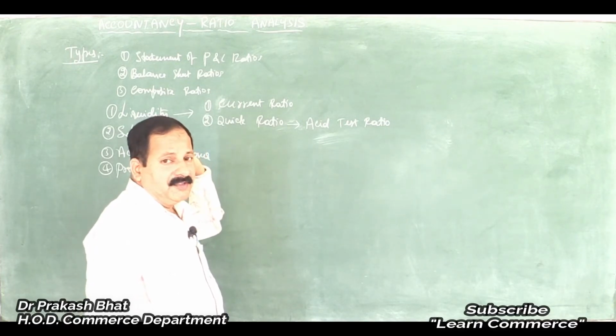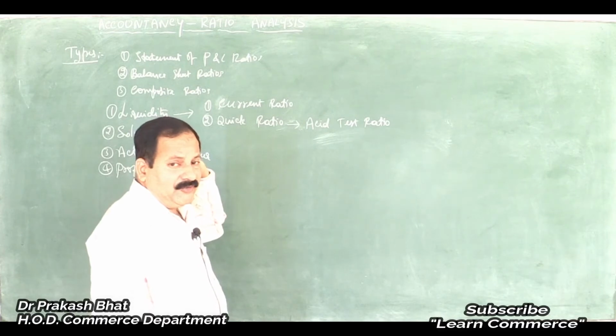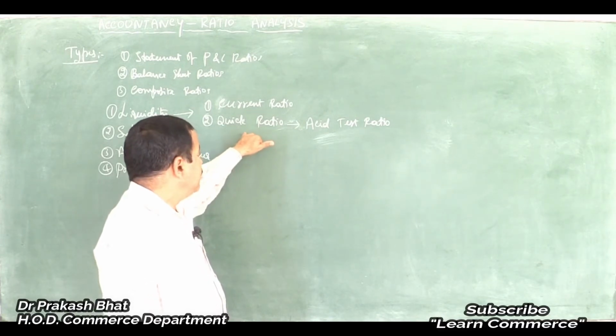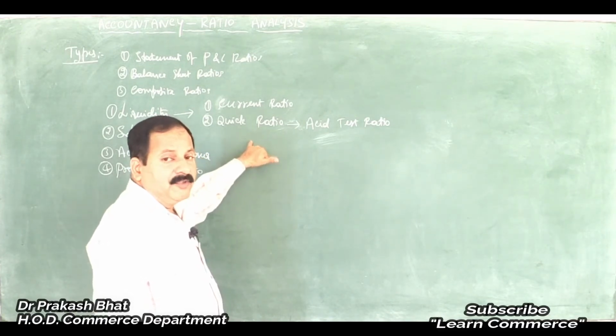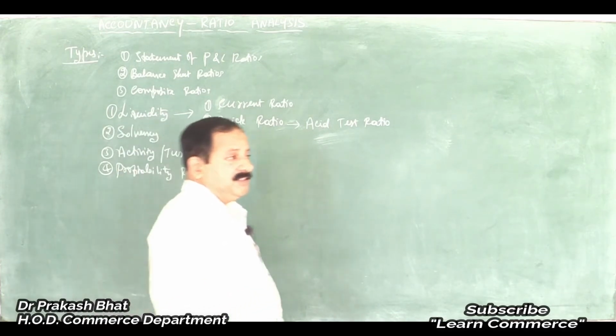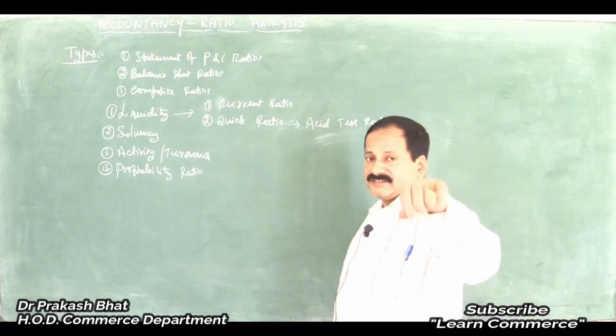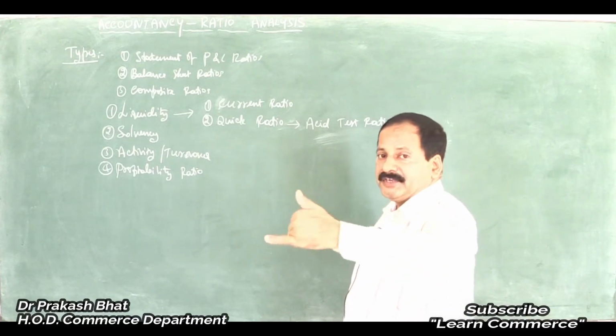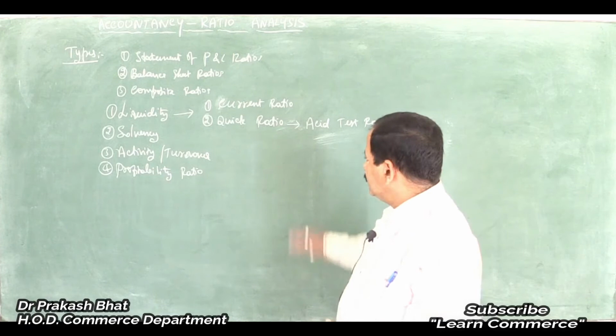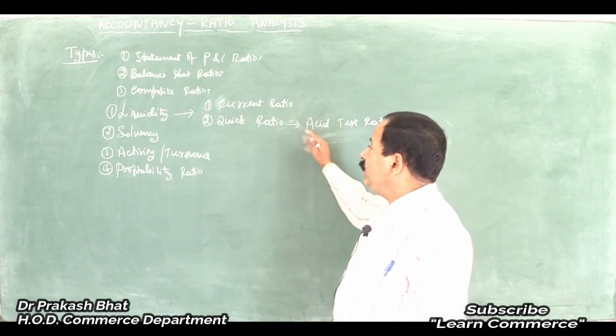Inventory cannot be quickly converted into cash, so it will not be considered while calculating the quick ratio. You have to search for a customer, then sell, then convert it into cash. So it takes time, and inventory is not a quick asset.